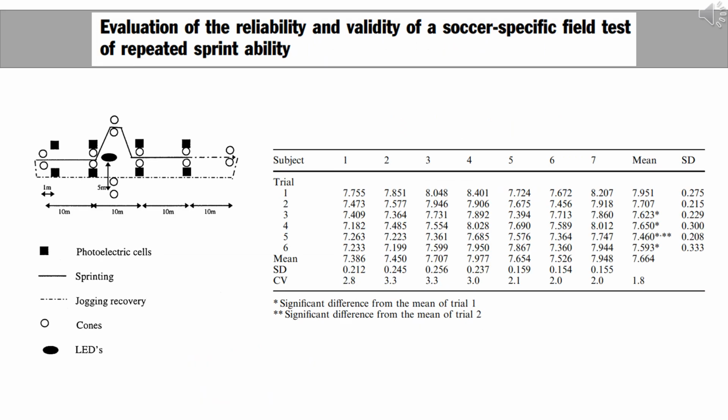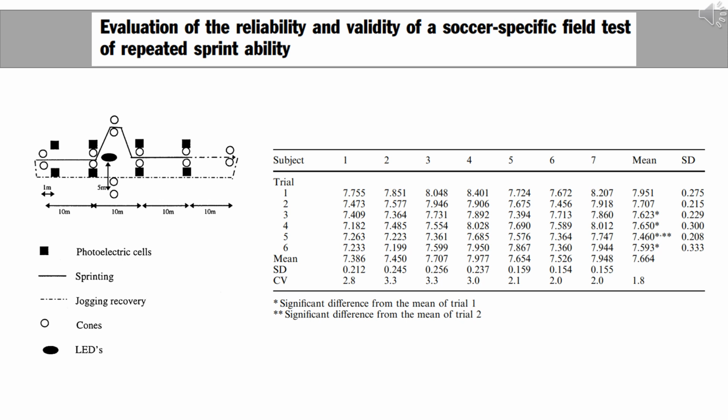This study looked at the reliability of a slightly different repeated sprint test, but claimed it was also soccer specific. So if we start with the figure here and we follow the solid black line, we can see that they initially sprint 10 meters, then they have to sprint with a directional change, another directional change, sprint a further 10 meters, and then our dotted line showcases just a recovery period by jogging back round to the start position and then repeating the protocol another 5 times.